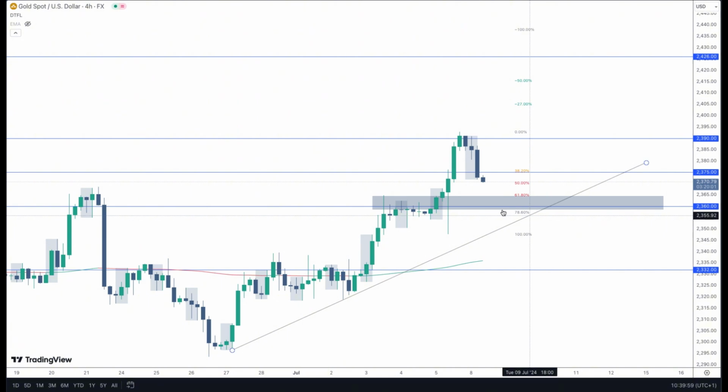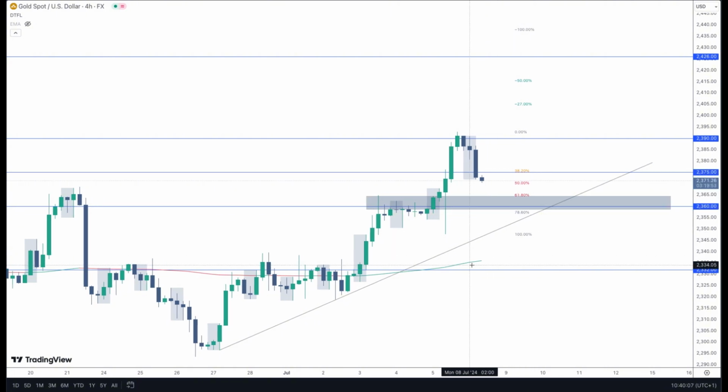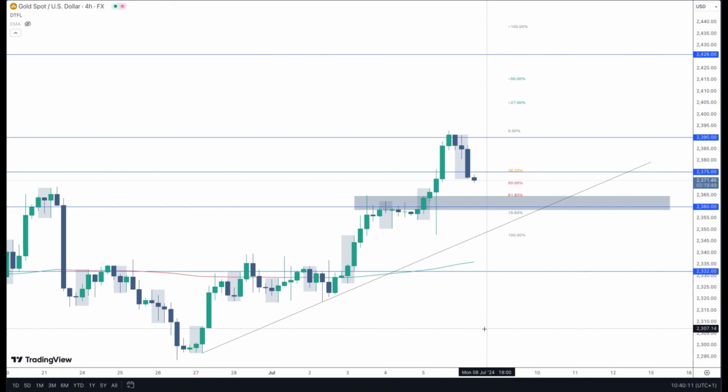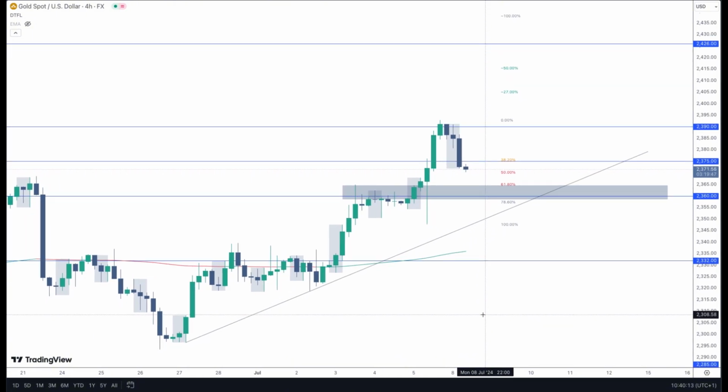So we need to wait for price to tell us what it's going to do. I do believe, at this moment in time, that there's a higher chance of price coming down to 23.60 and reversing from here. But you have to let the market do what it wants to do and react to it from levels that you've got previously marked. So we have got an old level here, which we're pretty much very close to, right?